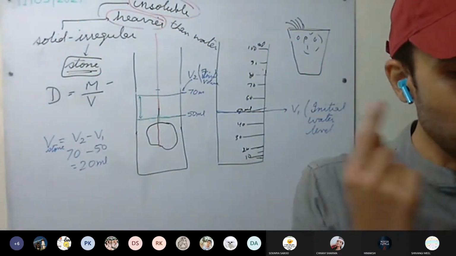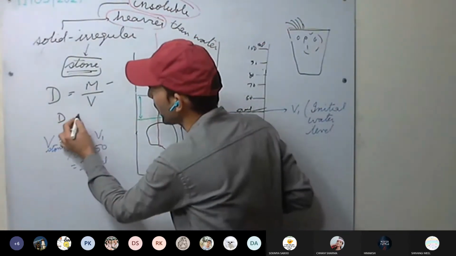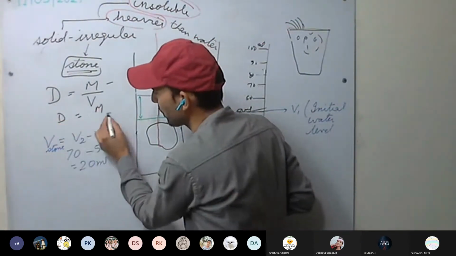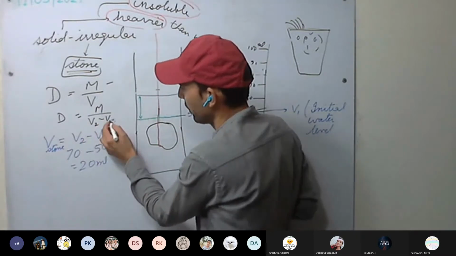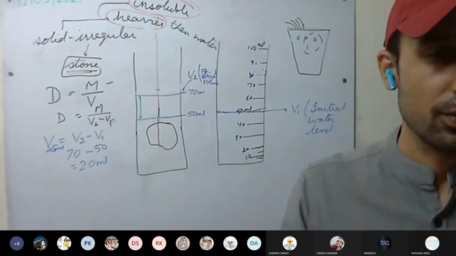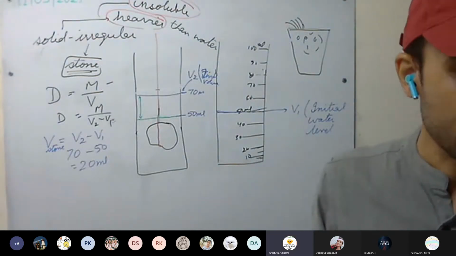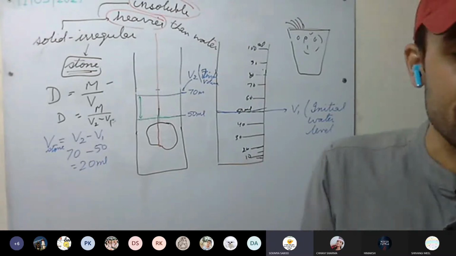Okay. Now there's one more method. So we have calculated the volume of the stone. Now density: mass we already calculated using the beam balance, and volume we have already calculated as V2 minus V1 using the measuring cylinder. Now we can use one more method. For the lighter object, we can use a formula, that we will be discussing afterwards.